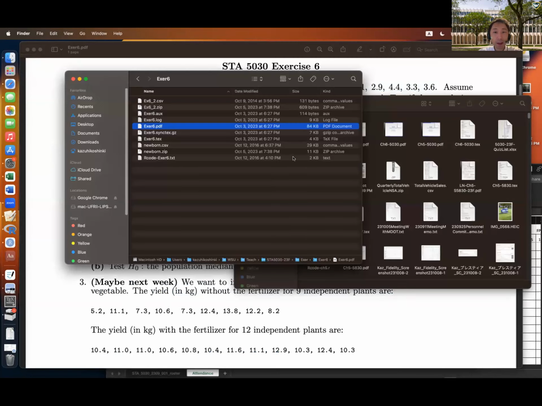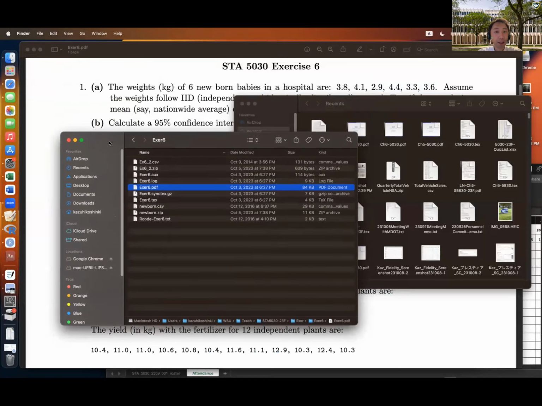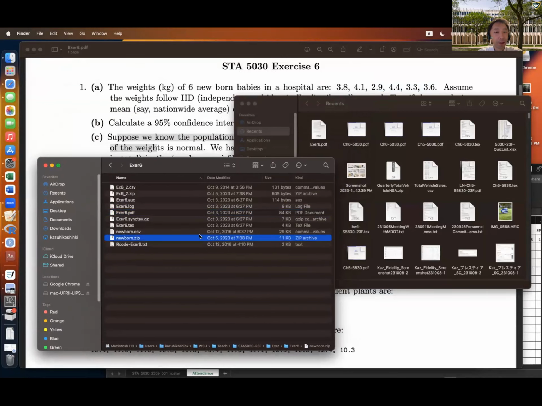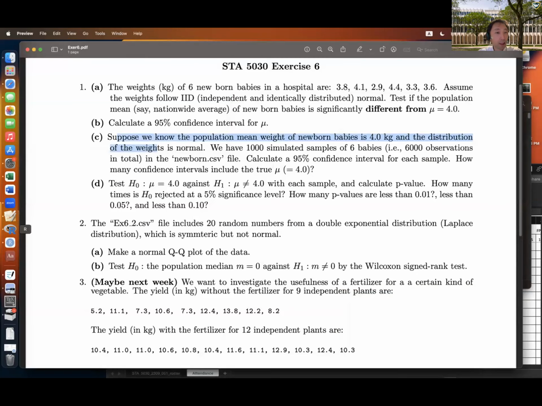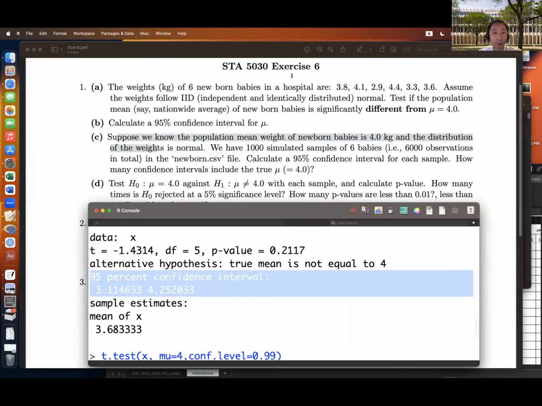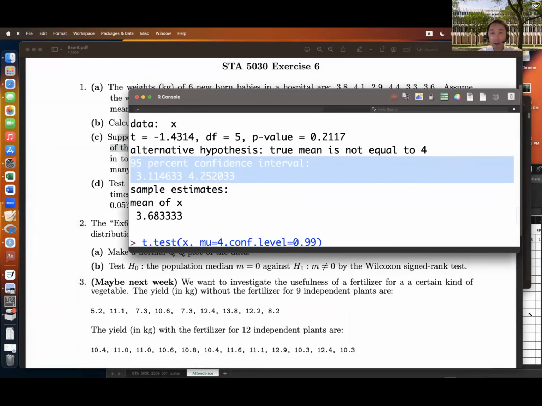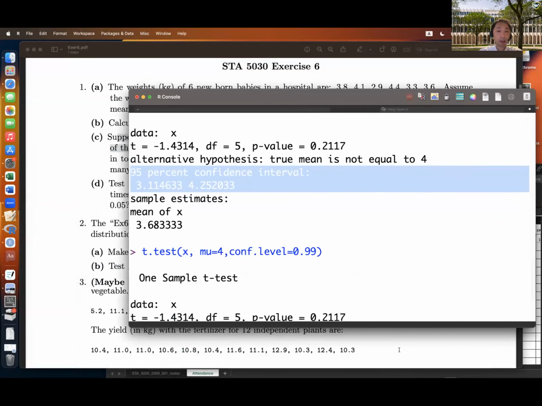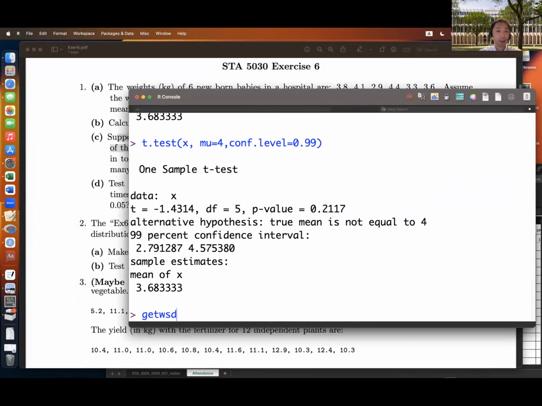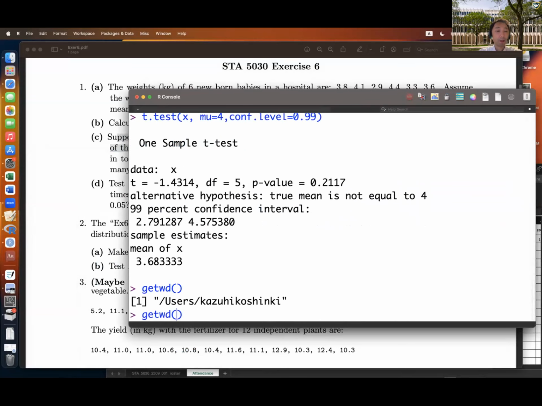Okay, so I think my folder, my directory, includes the newborn .csv file, and we want to access this. So at first we have to set the working directory. It's a good idea to first get the working directory, then we set the working directory as we want.